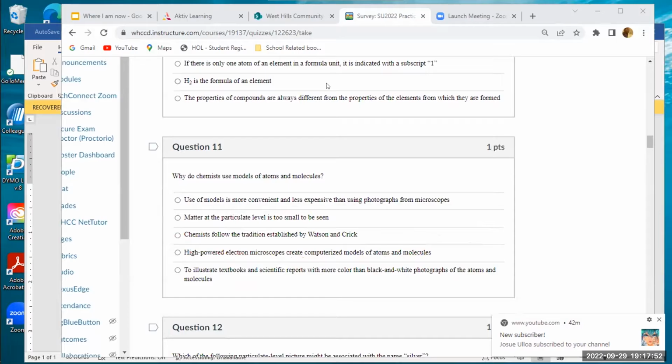So what makes it a molecule? A compound. A molecule is not always a compound. That's right.